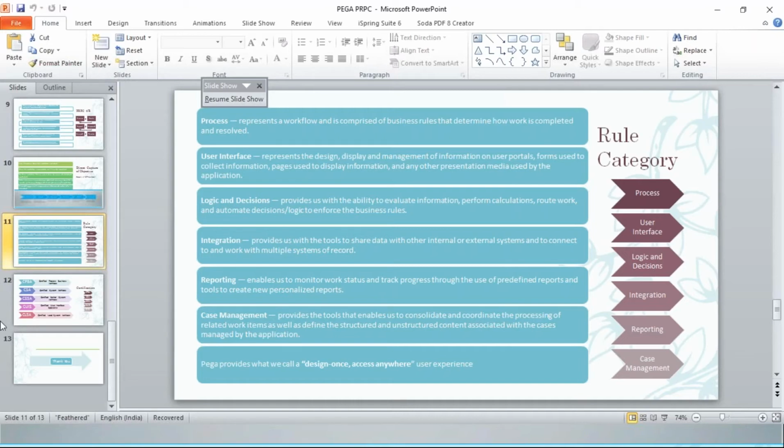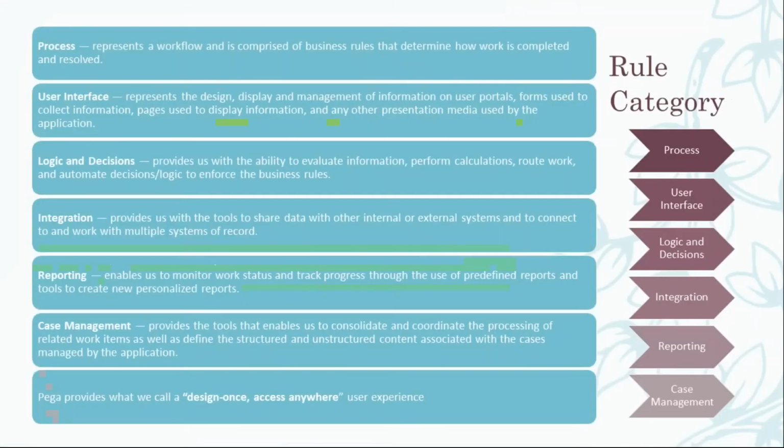So that's talking about what you may already know: the different rule categories present in Pega. To support how you handle the complete case, they categorize the rules. They have process, which takes care of the workflows.